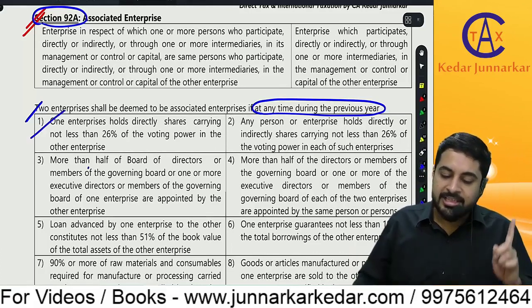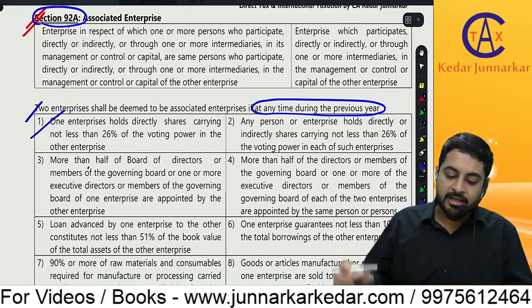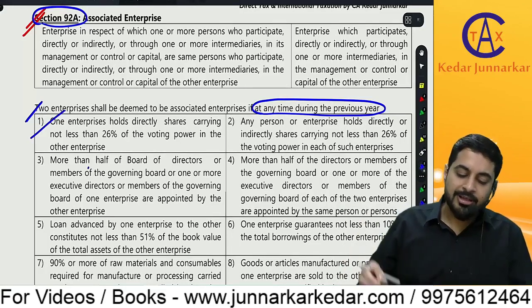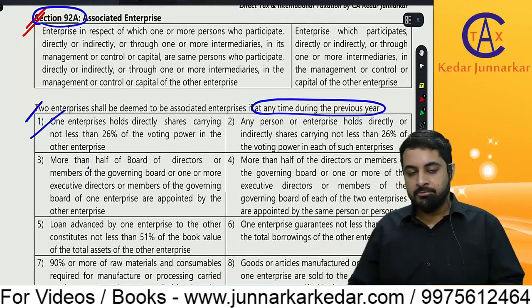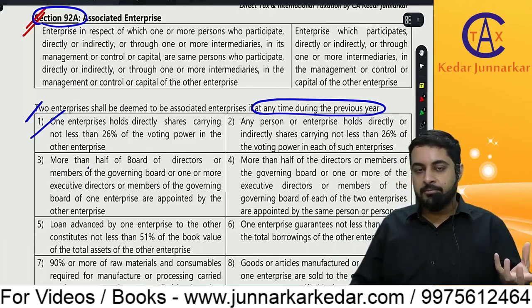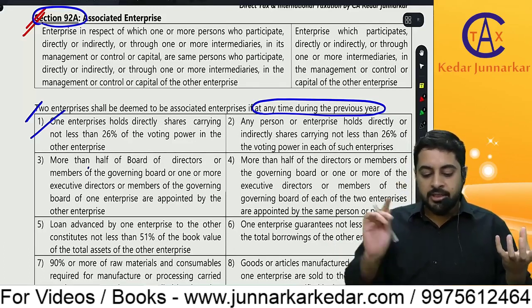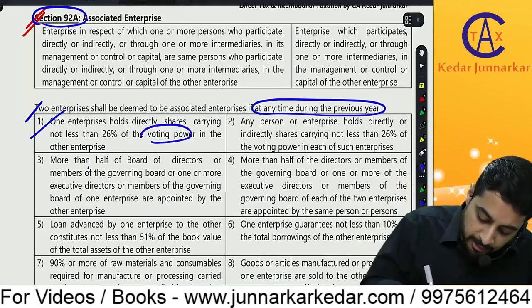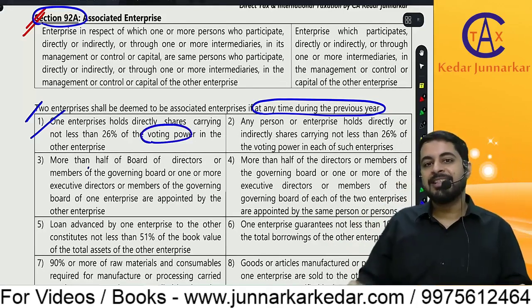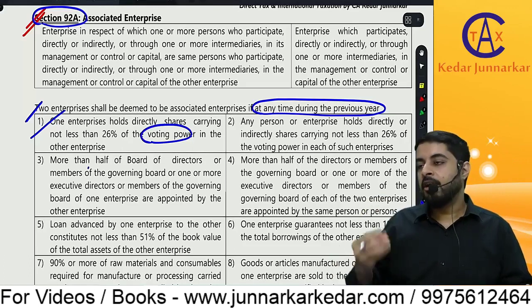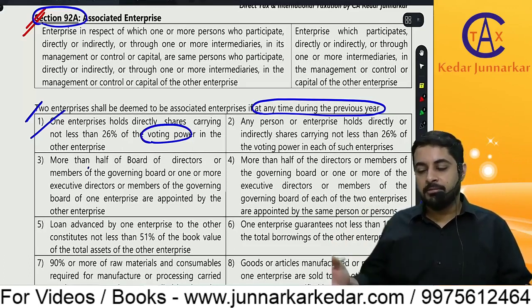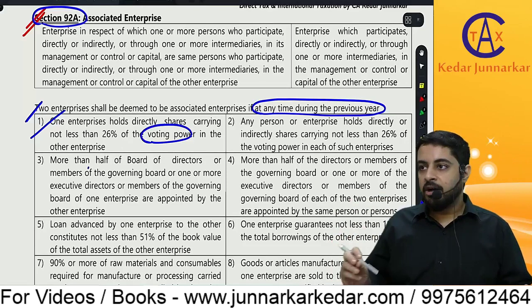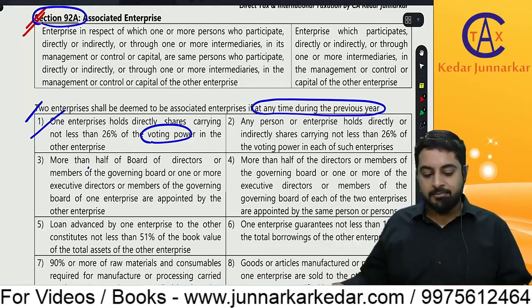One enterprise holds directly shares carrying not less than 26% of voting power in the other enterprise. So here one company, let's say A Limited, is holding 26% or more of voting power. Now voting power means equity shares, or if it is a partnership firm, then the share of profit, 26% or more in the other company, then in that case they are AEs.